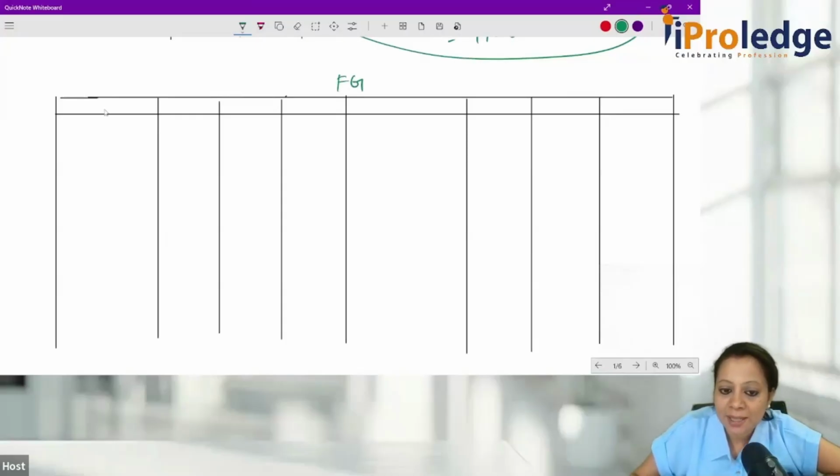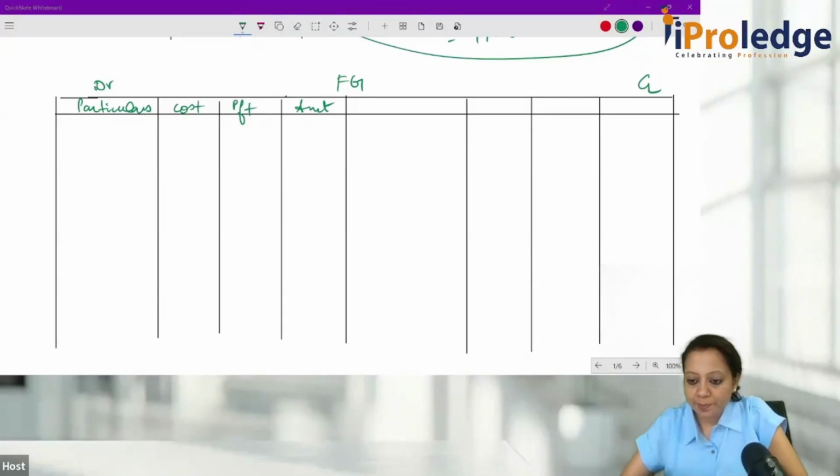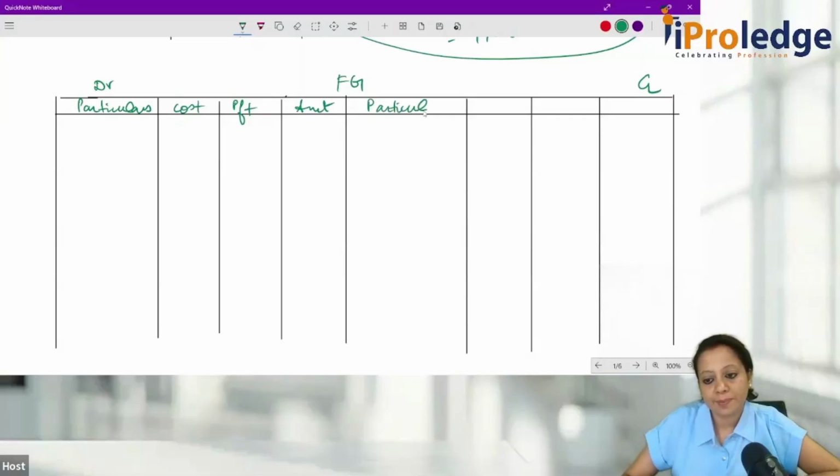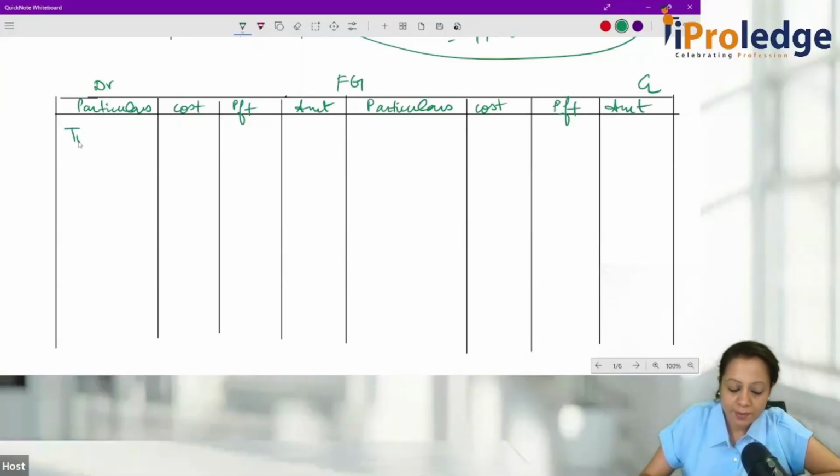Now we will do FG. So it is going to be opening.